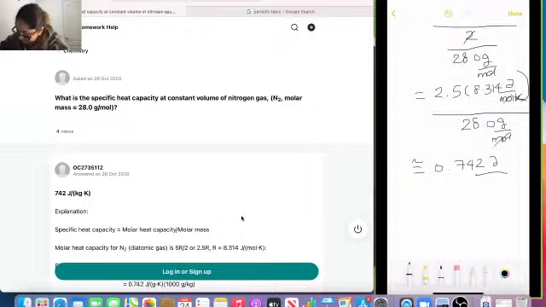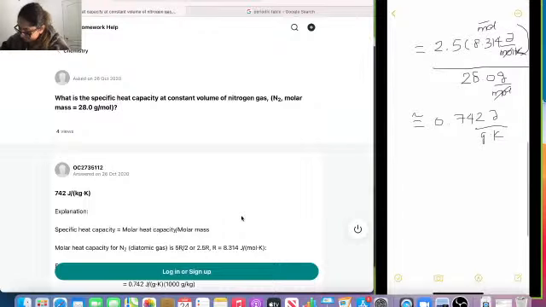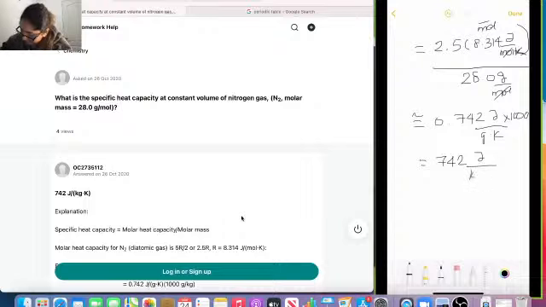The moles get cut out, and we're left with grams per K. And if we want to not have decimals, we can just multiply this by 1,000, and so what we get here is 742 joules per kilogram Kelvin.